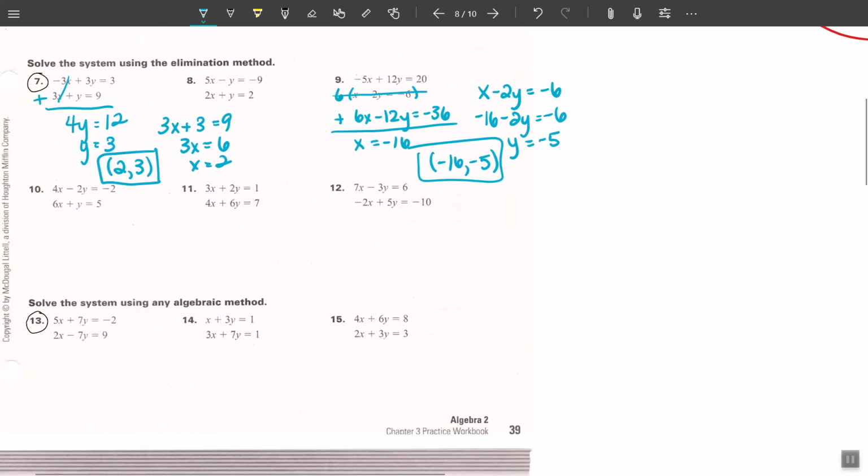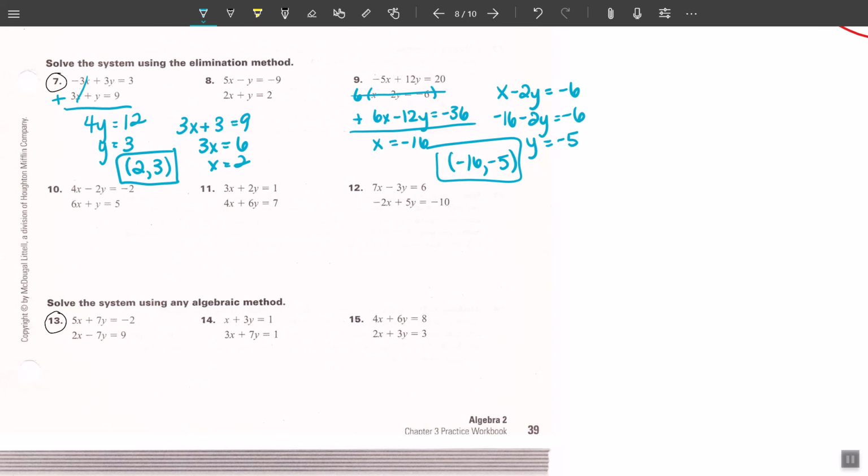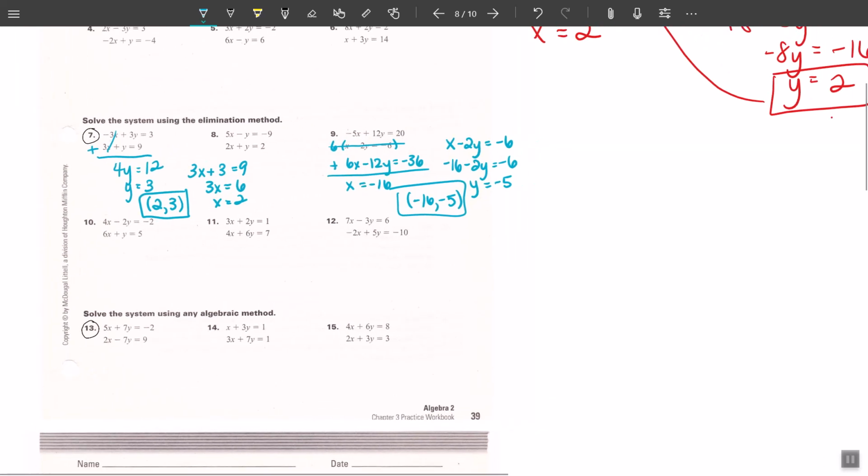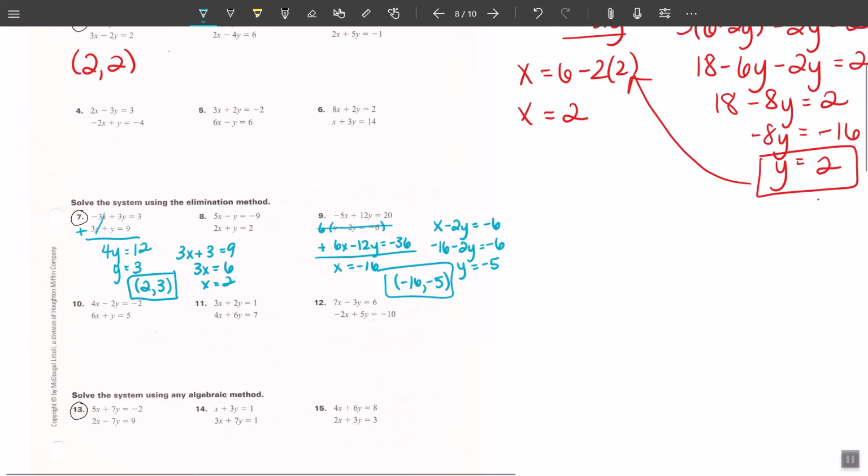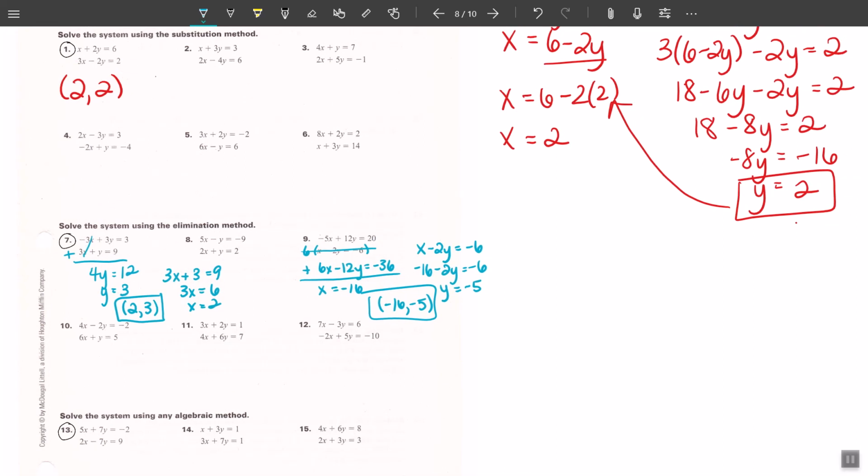Now on this bottom set of problems, they tell you that you can use any algebraic method to solve this system. You have 3 at your disposal. You've got graphing, which probably wouldn't be your first choice, the substitution or the elimination. If we substitute, we've got to do a lot of work to isolate one of those variables, because all the x and y terms have coefficients.